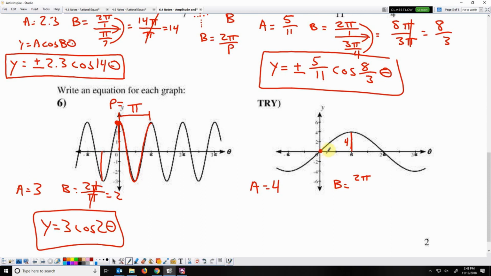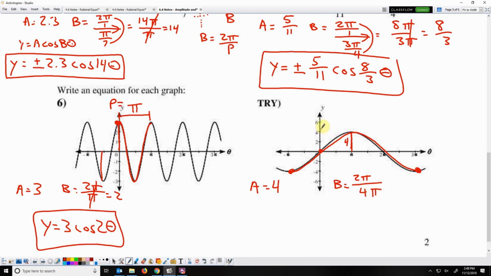Okay, so if I trace one cycle, I could start here, and it begins to repeat when I get here. So it goes from negative pi all the way to 3 pi. Okay, so I've got pi on this side, 3 pi on this side. That's a total of 4 pi.